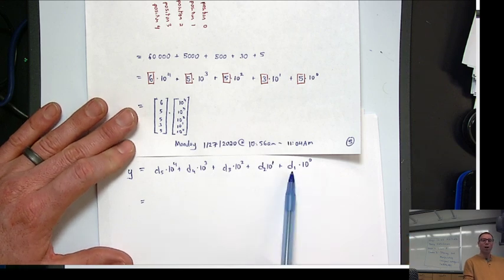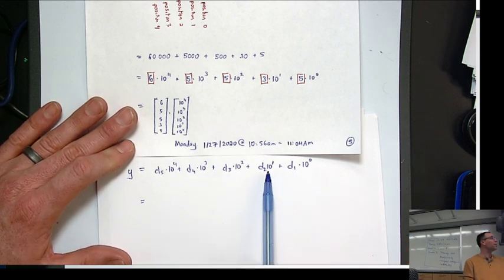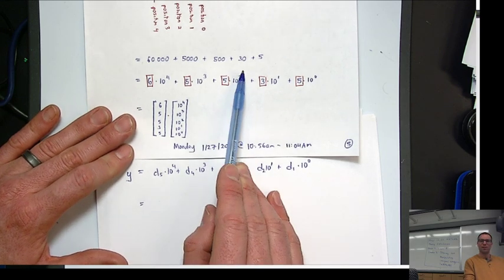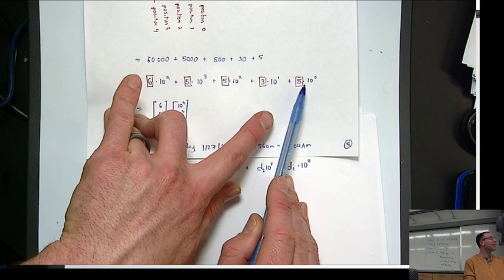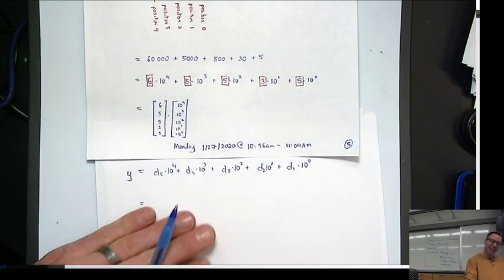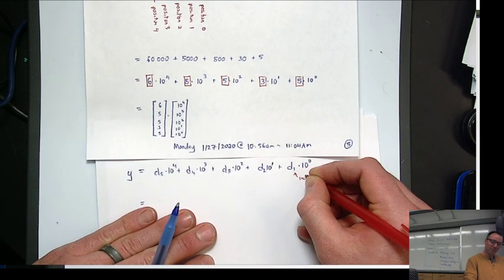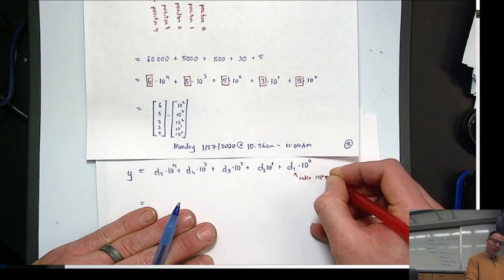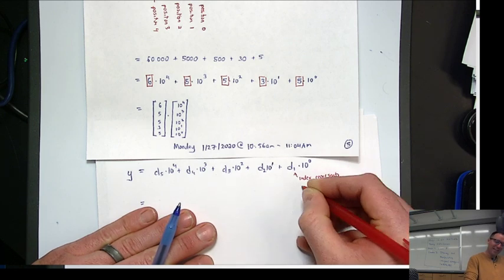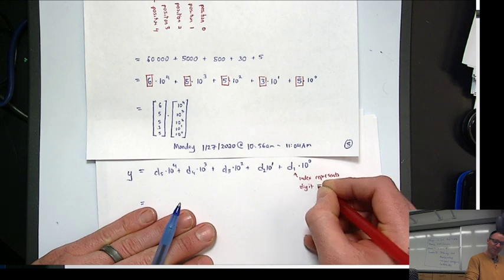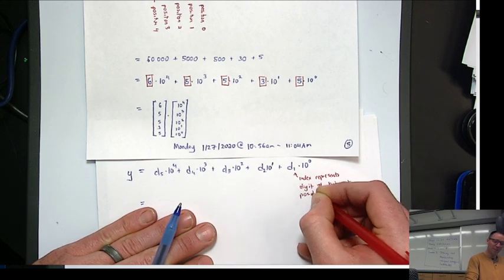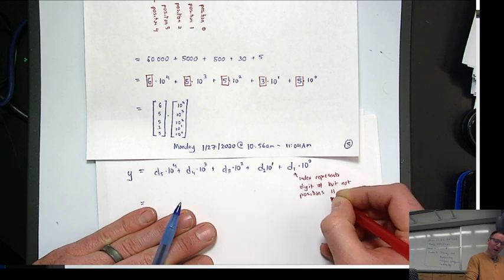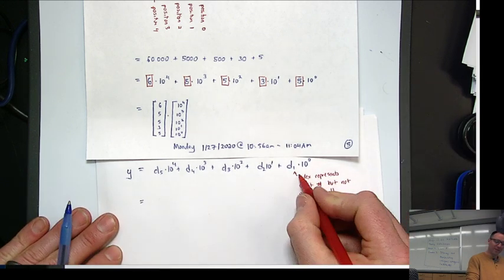What is the whole concept of each digit? Each digit represents a power of 10. This index represents digit numbers, but not positions. Wah, wah. Why are we sad about that?